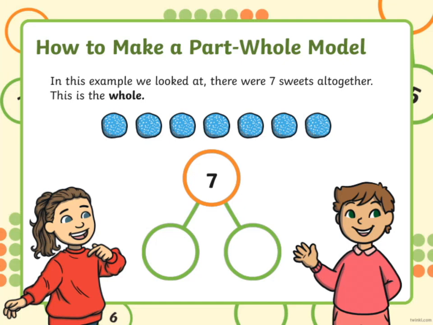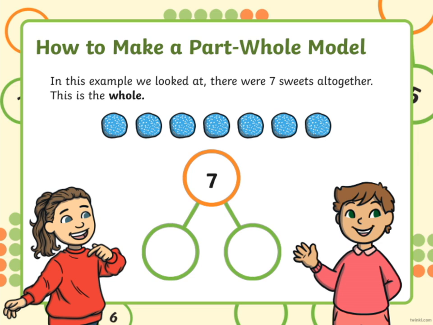Today, we're looking at an example where there are a total of 7 sweets. This represents the whole, or the complete set. When we think about how to make a part-whole model, the key idea is to show how parts make up the whole. This helps us understand the relationship between smaller groups and the entire set. Remember, it's important to clearly identify both the parts and the whole to see how they connect.